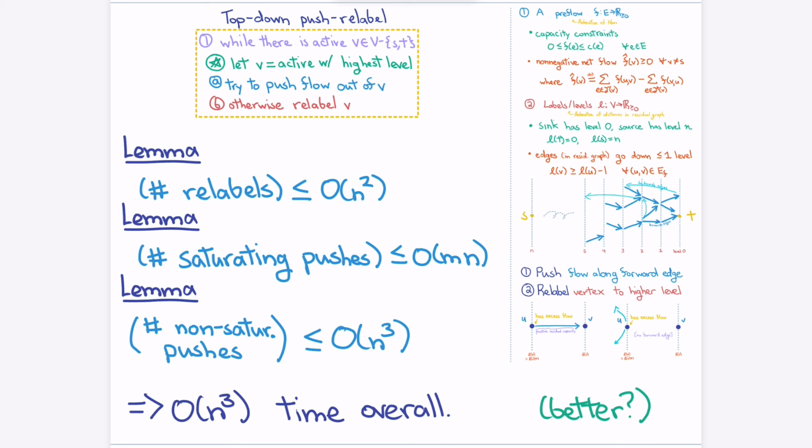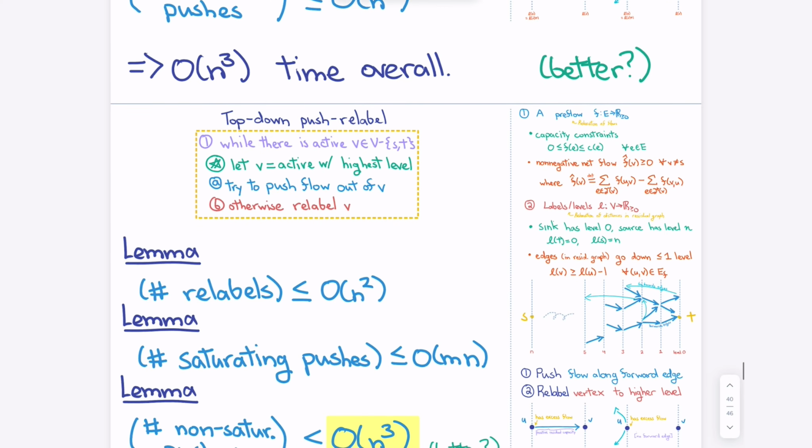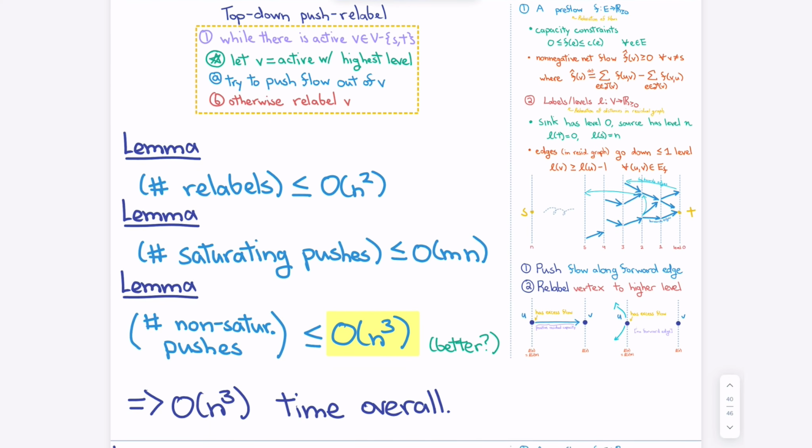Okay, but we're not done yet, in part because we have time. Now the question is, can we do even better than a bound of n cubed, for the same strategy?